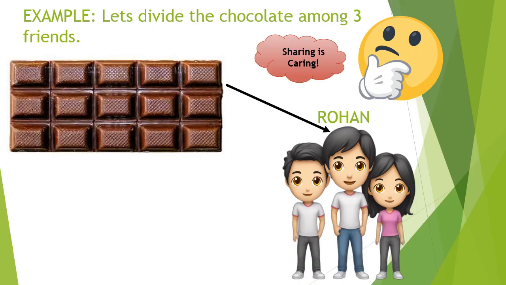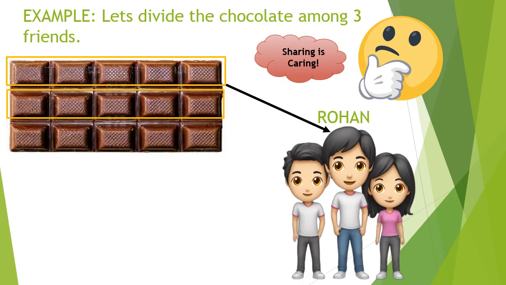Well, can we divide the chocolate in this manner? One complete line comprising 1, 2, 3, 4, 5 cubes or 5 pieces goes to one friend, the second line goes to the second friend and the third line goes to the third friend. We can say 3 parts. The chocolate is divided into 3 parts and then the chocolate is divided equally.